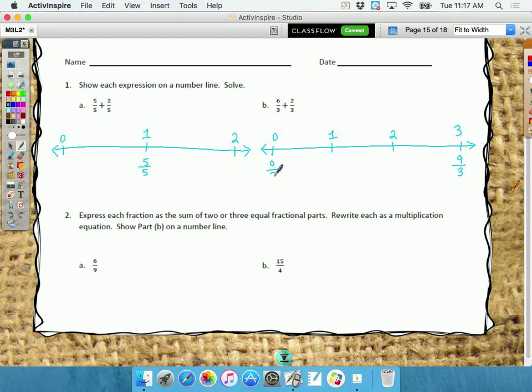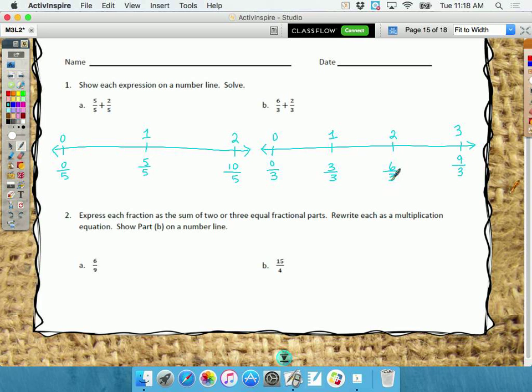And all you have to do is just show your hops and, whoops, that's not 5/5. What is it? 10/5. And then your whole numbers here, 3/3 and 6/3. So I think you can take it from there, can't you?